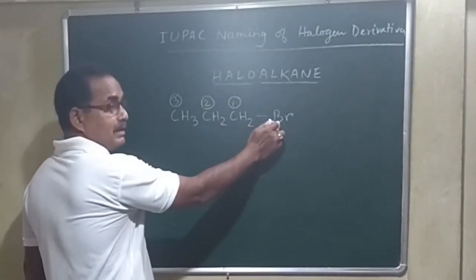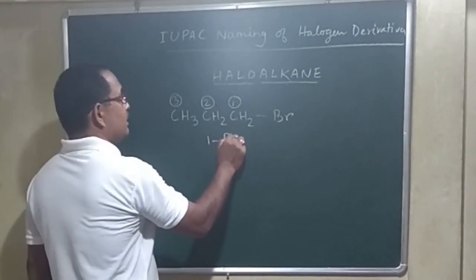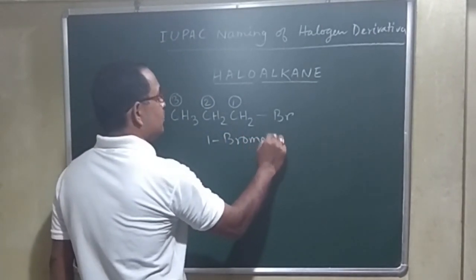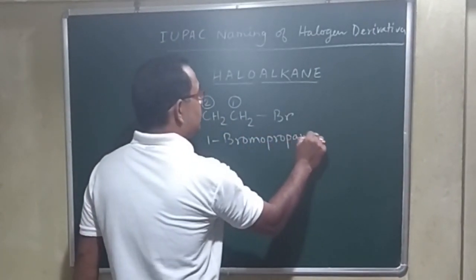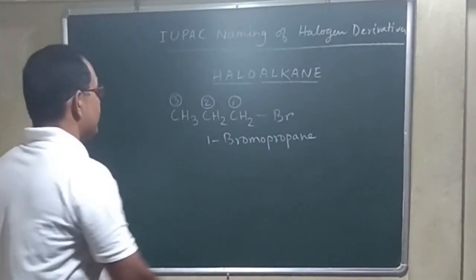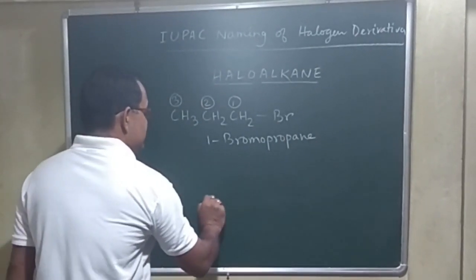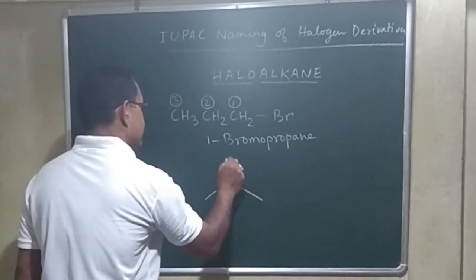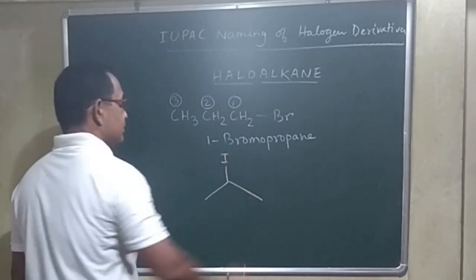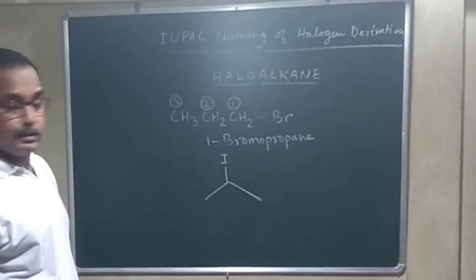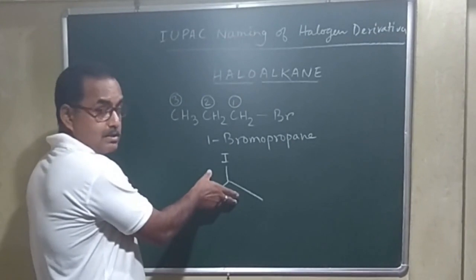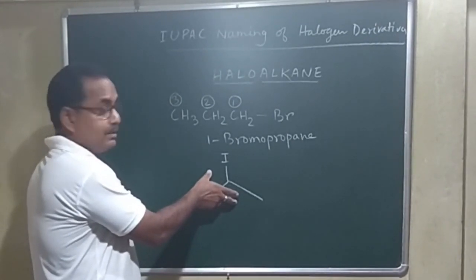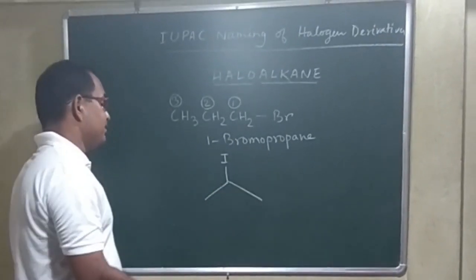At position 1 there is a bromine. So this is 1-bromopropane. Okay? What is this? This type of structure is called bond line representation.